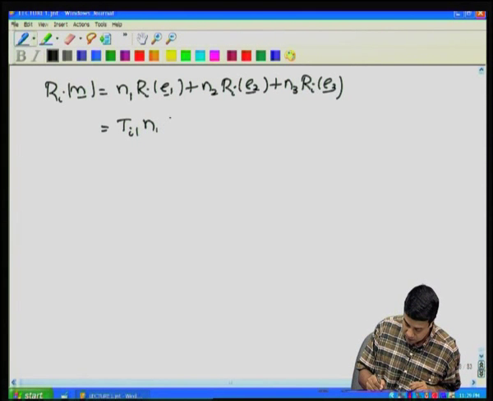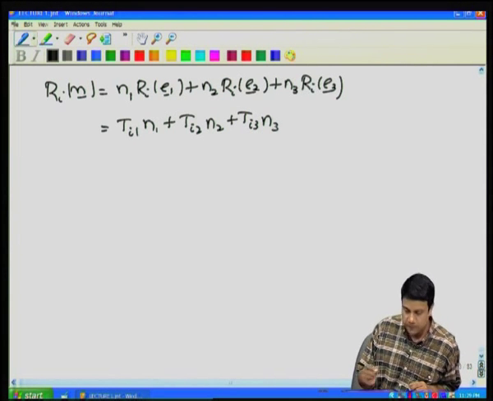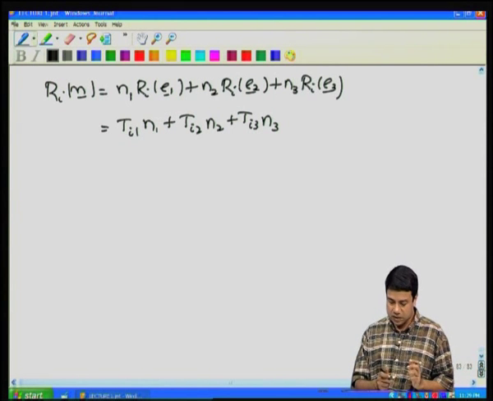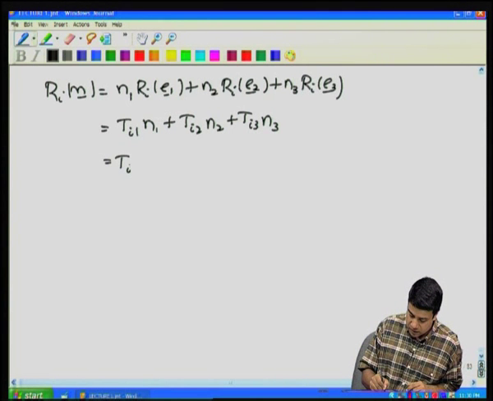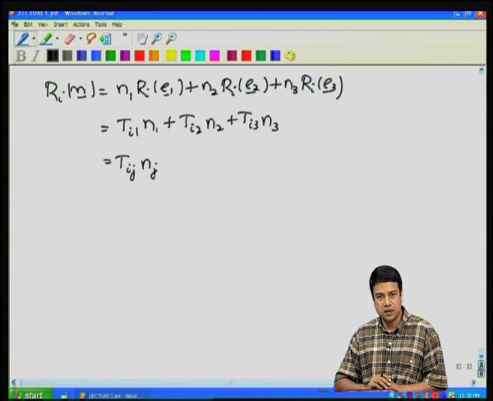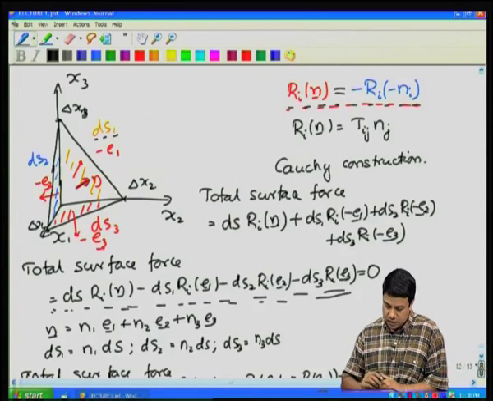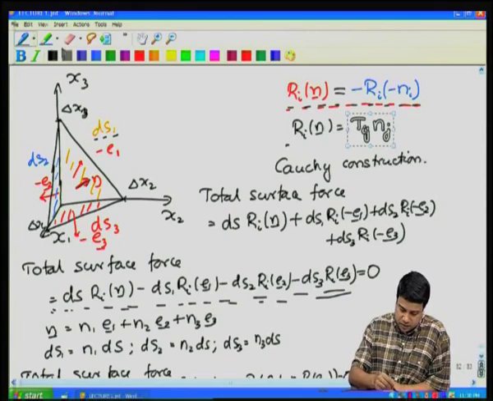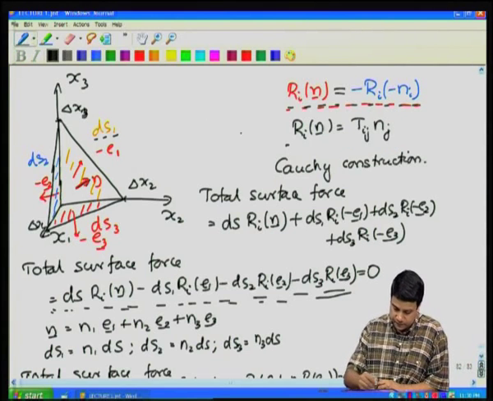Ti1 times n1 plus Ti2 times n2 plus Ti3 n3. This in indicial notation is just this second order tensor dotted with the unit normal. Okay. So, as I said, one can always write the force acting at the surface in this form as a second order tensor dotted with the unit normal.